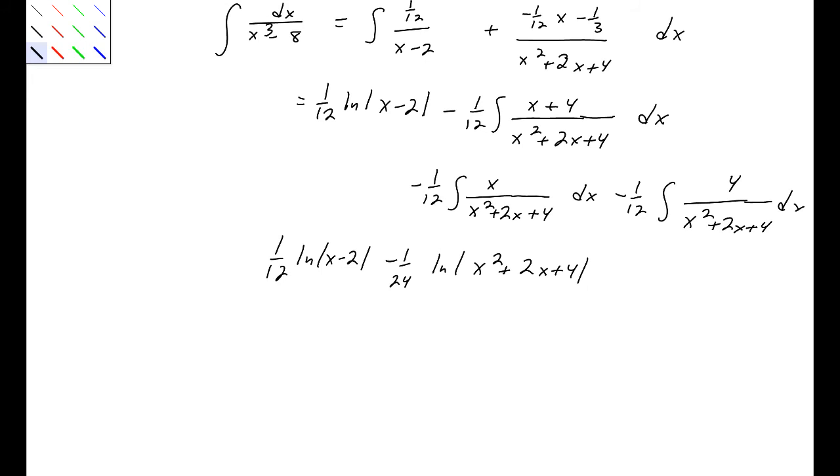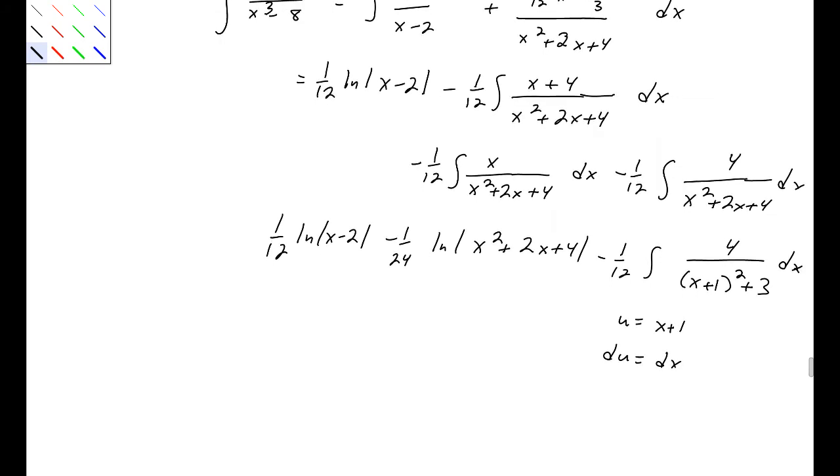I'm going to go ahead and rewrite this, putting this in vertex form, x plus 1 squared plus 3 dx. Now for a piece of u substitution, if u is x plus 1, then du is dx.